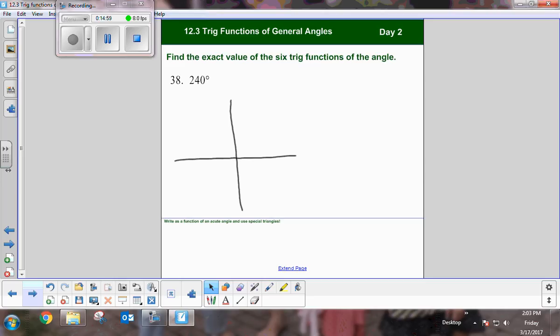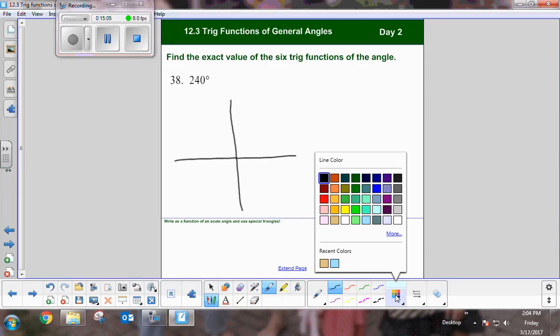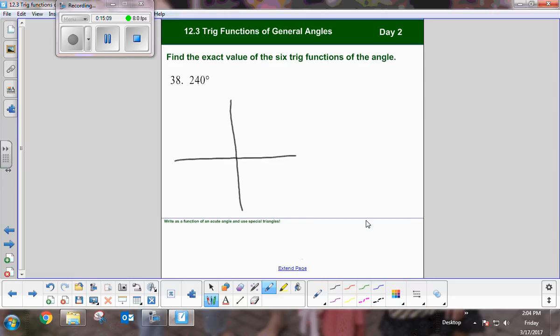You start at the x-axis, and you're going to go 90, 180, 240. And now draw your terminal side.